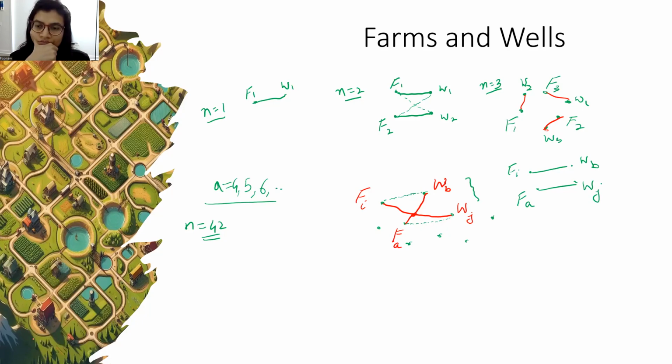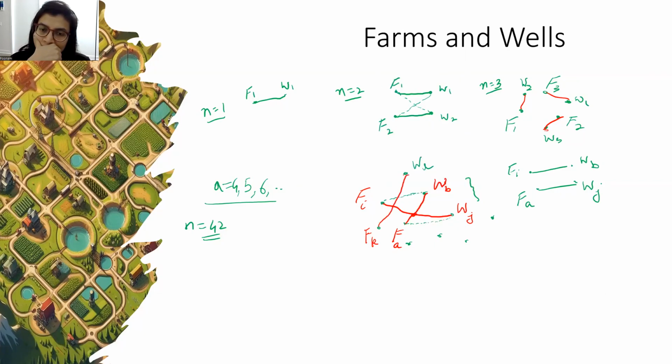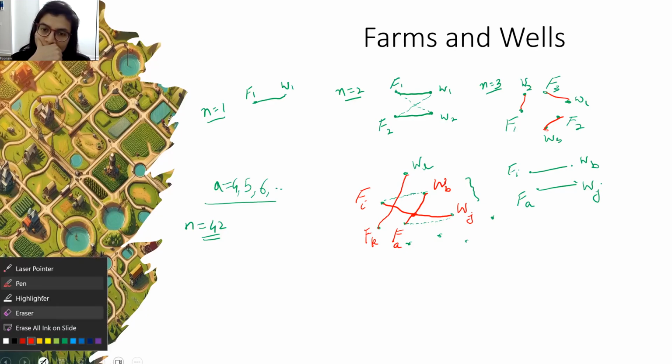And just show it. So it could have happened that there is this other point FK and there is this other well WL, and in your original diagram, in the initial matching configuration that you considered, this is what was there. Okay, this was the diagram. Oh, sorry. It's better to put the FK inside the triangle.